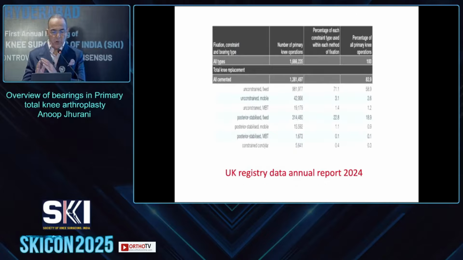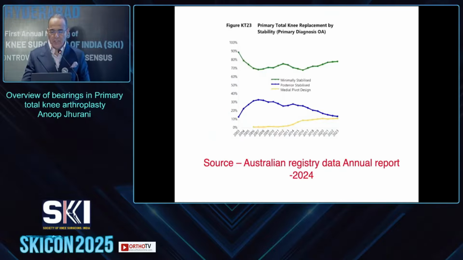Same trends in the UK registry data, 24, and you can see that the unconstrained fixed, that is the CR, essentially constitutes about 60% of usage in UK. Same trend in Australia as well. You can see that the PS is going down, and the minimally stabilized, that's the CR, and the MP design, the current MP design, is going up.